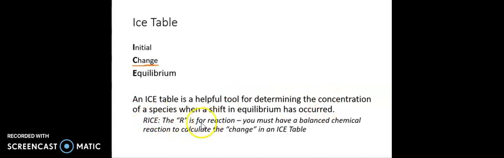So again, remember that you must have a balanced chemical reaction. Otherwise, you can't calculate the change. You need to know what the mole ratio is. Now, for the example we're using, the mole ratio is 1. So forgetting your reaction, the situation is forgiving, because if you forget the reaction, you tend to assume it's 1. But there are cases where it's not 1.